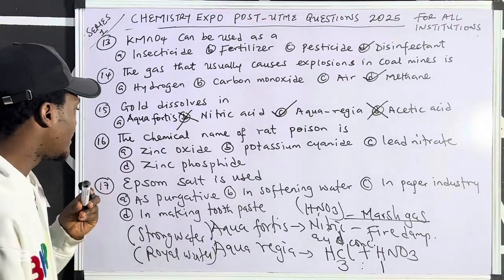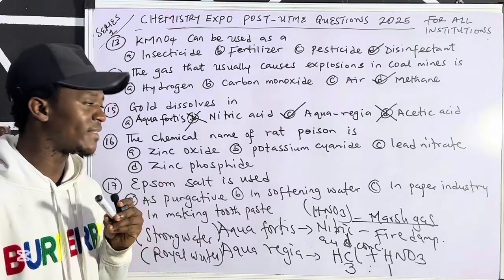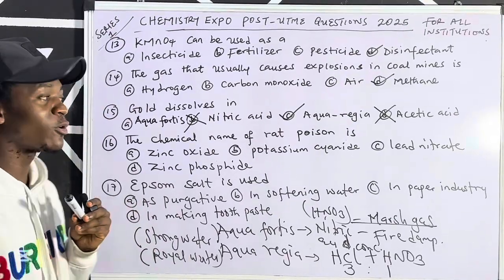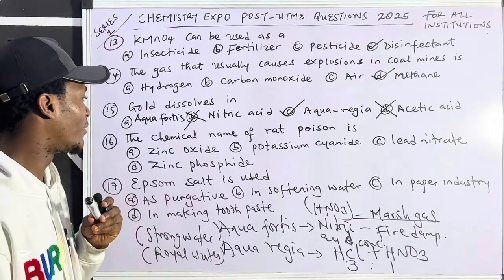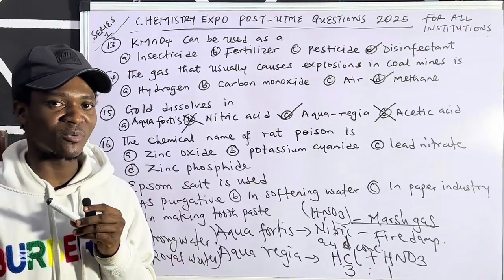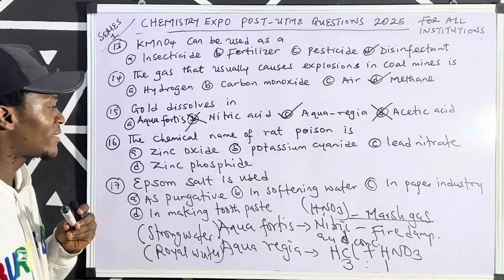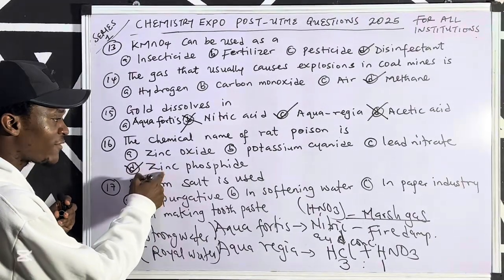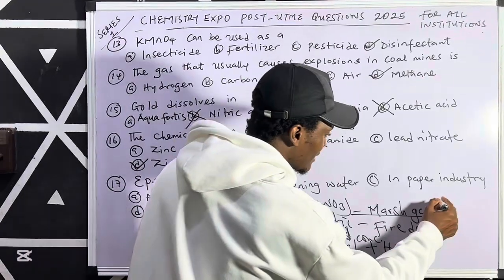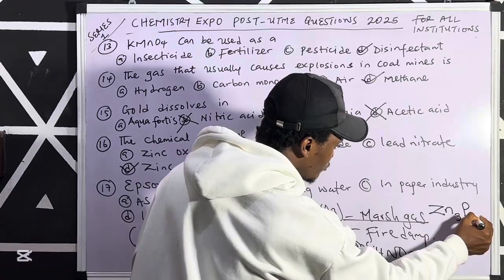Then question 16. The chemical name of rat poison is, I believe that this question will be kind of new to so many of you watching this video right now, but it's a chemistry question. The chemical name of rat poison is, now the correct option is zinc phosphide, having the formula Zn3P2.